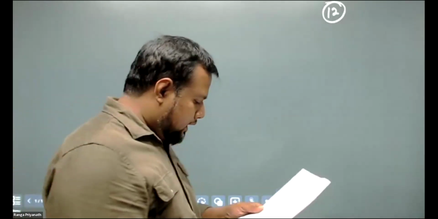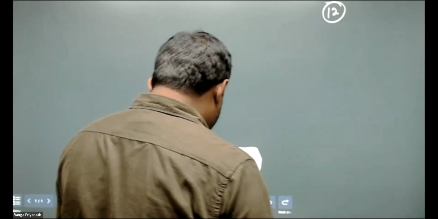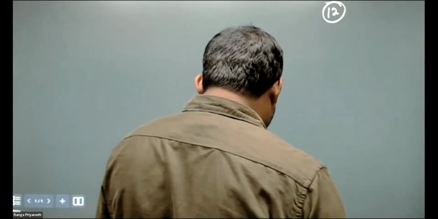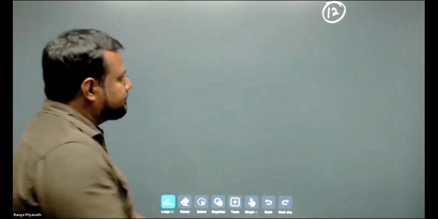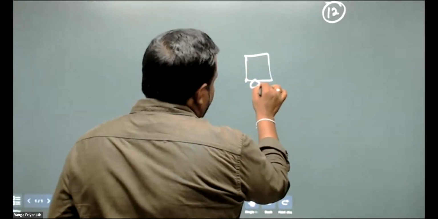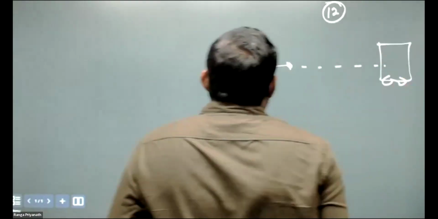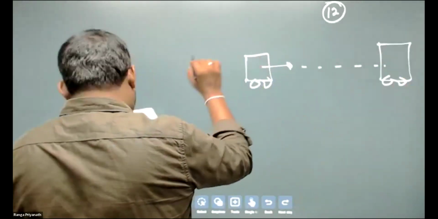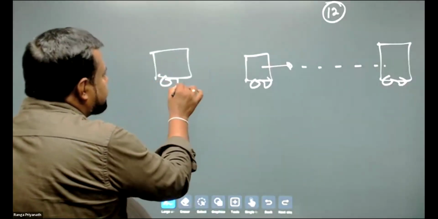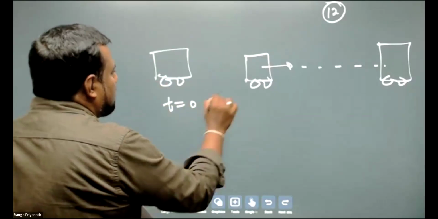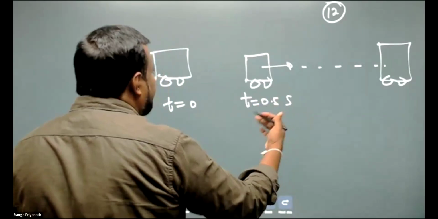A driver's reaction time is 0.5 seconds, and he can get a deceleration of 5 m/s² for the car by applying the brake. The driver sees something at t equals 0, and at t equals 0.5 seconds starts the process, like applying the brake.